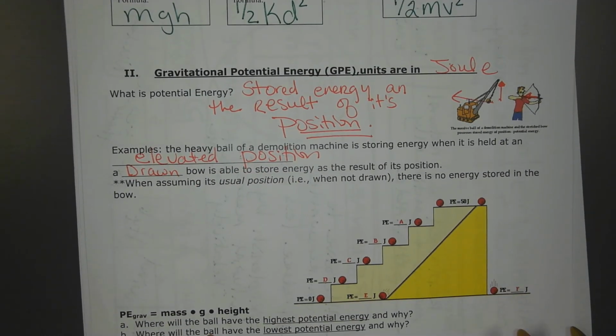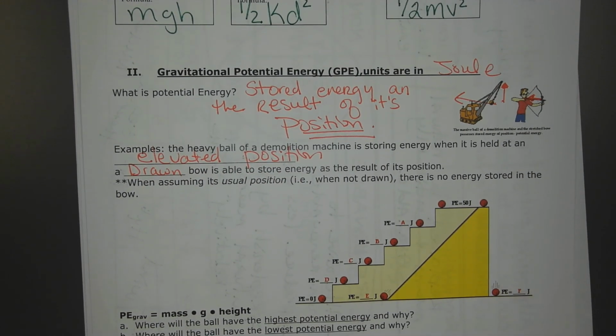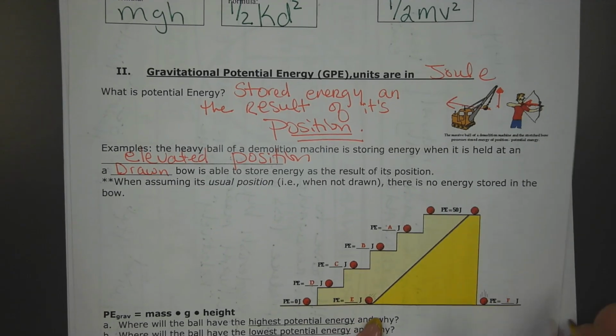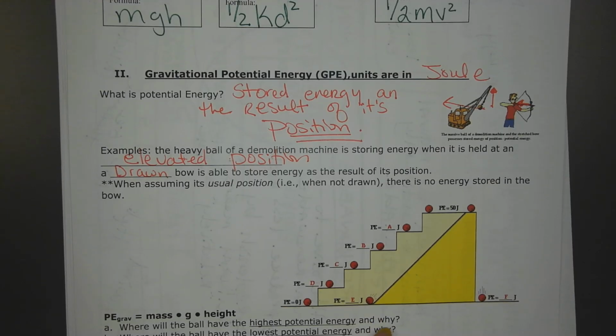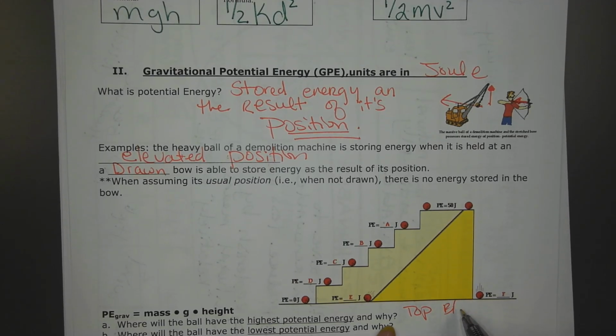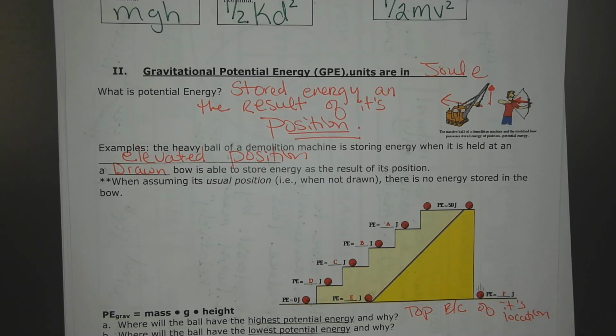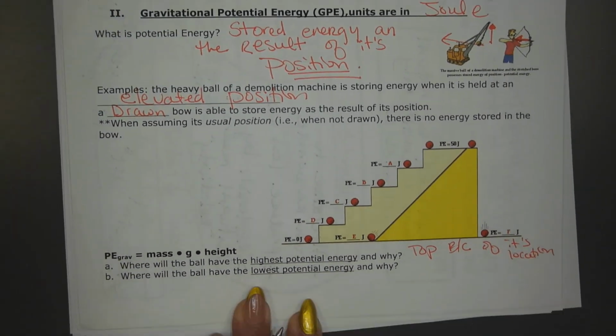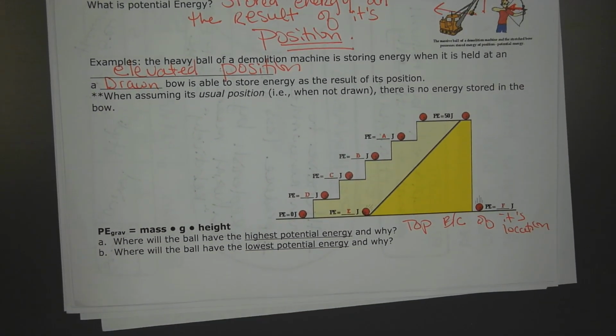It says over here, when we look at this picture, it looks like we're talking about GPE. Where would the ball have the highest potential energy? This is like a guarantee you're going to pass this, because this one's going to be pretty easy. At the top. Why? Because of its location, or how about that word position, right? And then it says, where would the ball have the lowest potential energy?